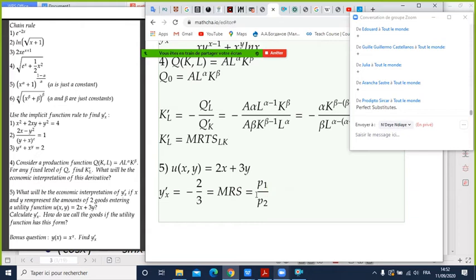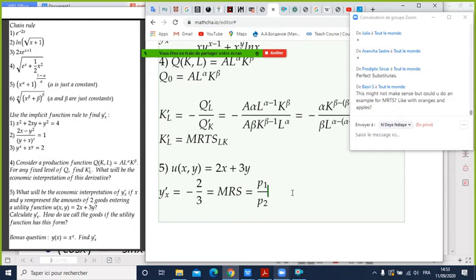But this is going to be the implicit function rule in action in our economics. So we'll use it in micro, in macro, in economic growth, and maybe not in econometrics. So this is something important, right? So now we know it, we can move on.